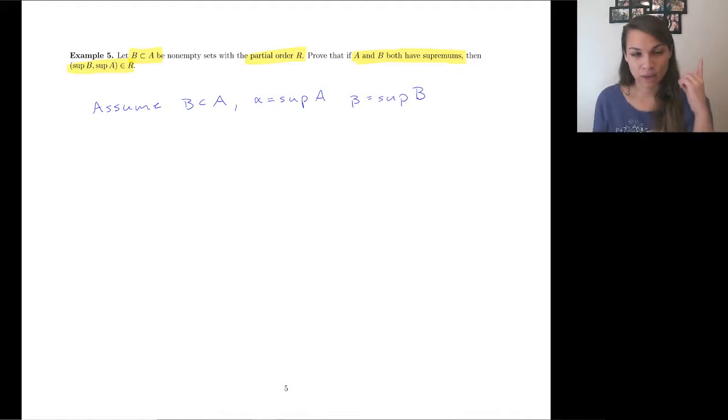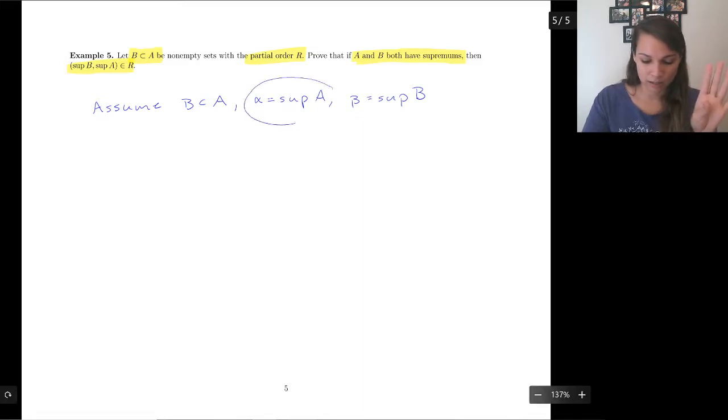And that said, we have to have upper bounds and the smallest upper bound. So where this argument is headed, I want alpha to be an upper bound for B. Because if it's an upper bound for B, I know things about the upper bounds of B. I know that they're bigger than or equal to this beta. Okay, gonna write that out now.